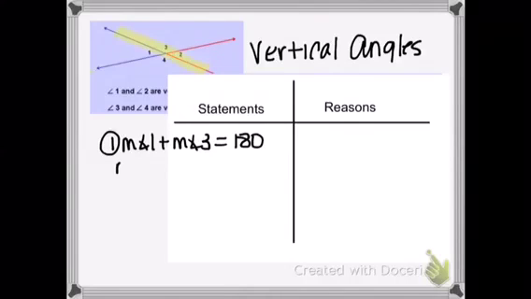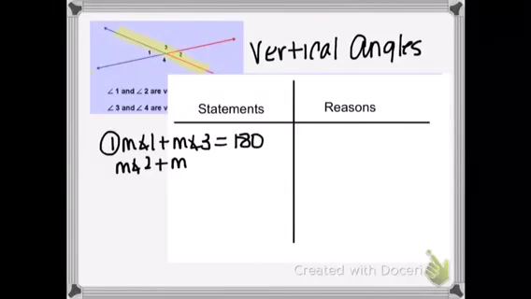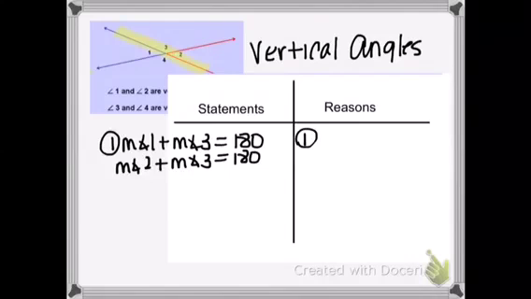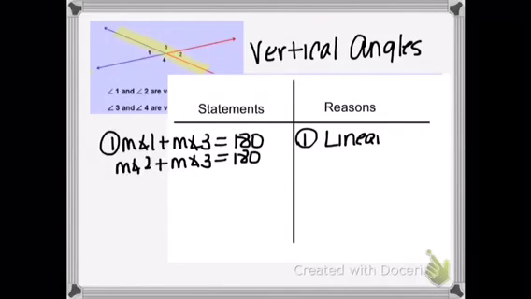So I could say the measure of angle 2 plus the measure of angle 3 also equals 180. We say they equal 180 because they form a line, and we call two angles that form a line linear pairs. So that would be the reason they're linear pairs, and linear pairs make 180 degrees.